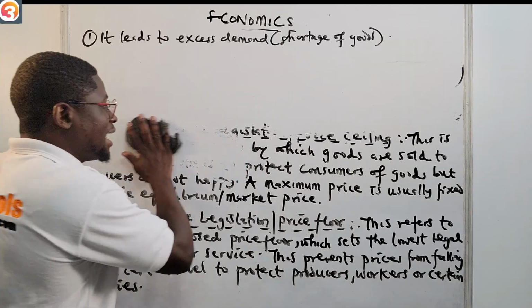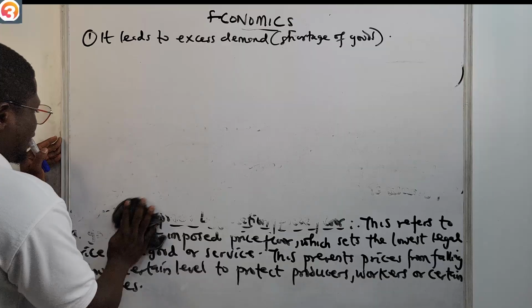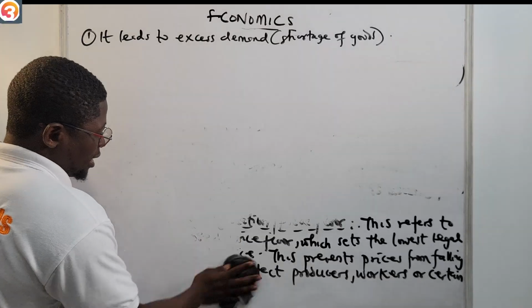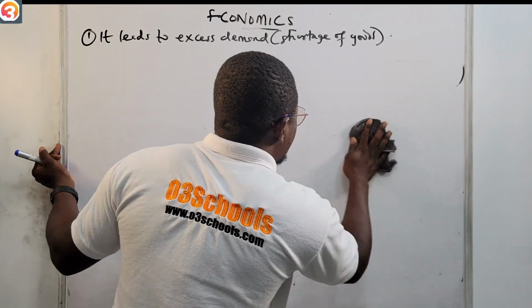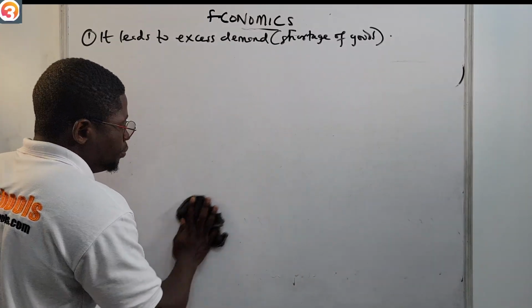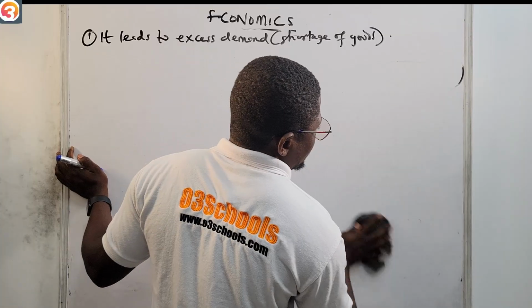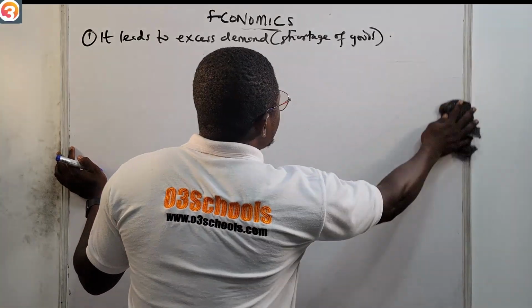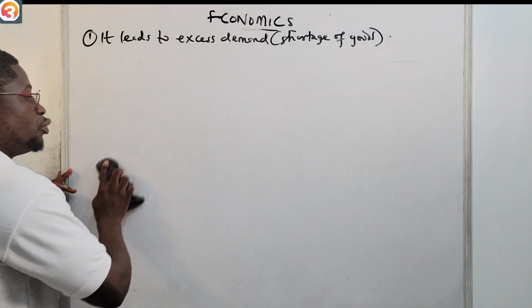Let me take that graph again so that we'll use it to explain better. There are so many questions that come from here in your exam, so it's not something you should play with. The interplay of forces between supply and demand is very important in understanding how the economy works.